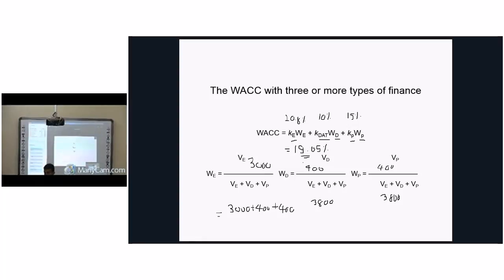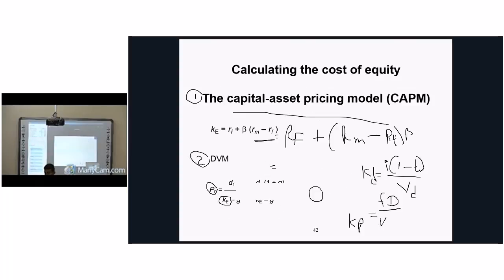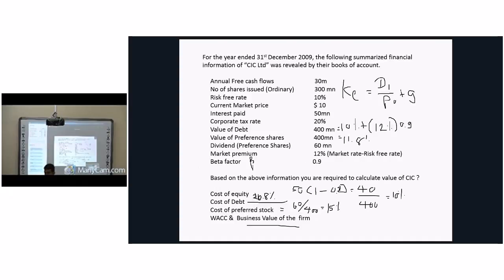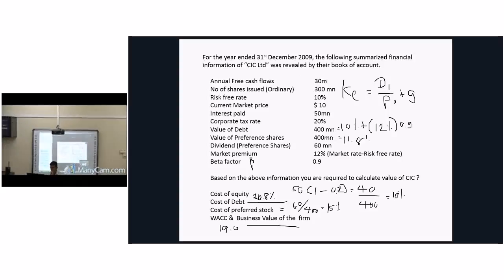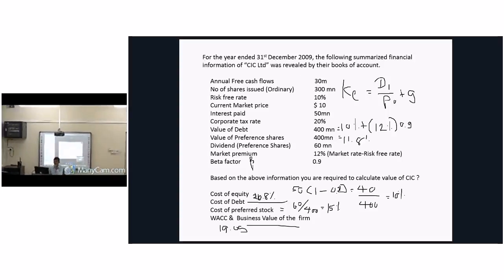Now we are trying to give the value to the business. In this particular question, we calculated the weighted average as 19.05. Now, how are we going to get the value for the business from this? We have calculated the overall cost of capital of the firm.